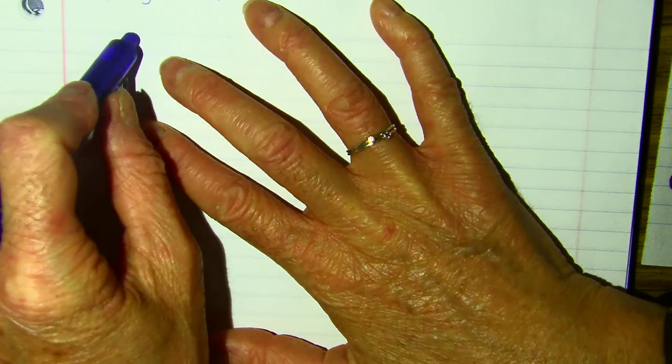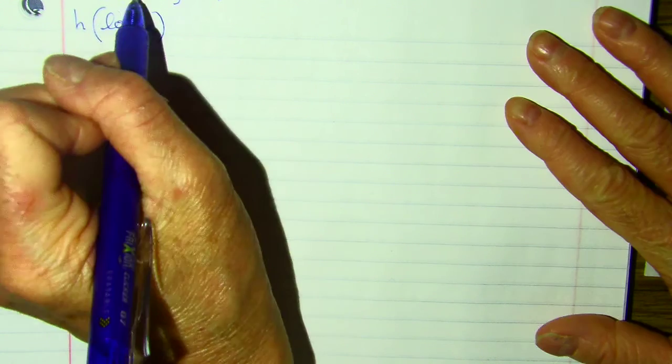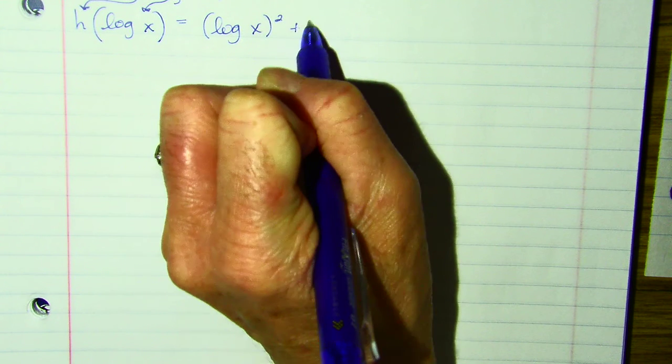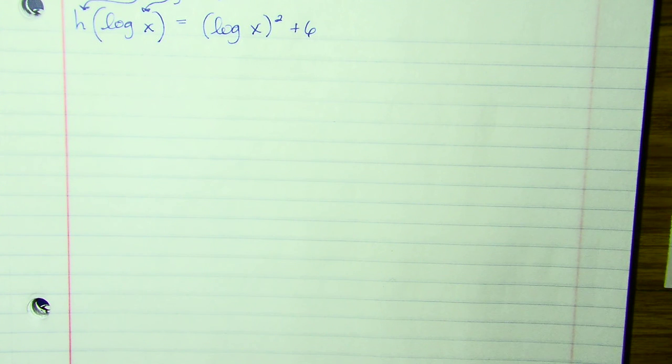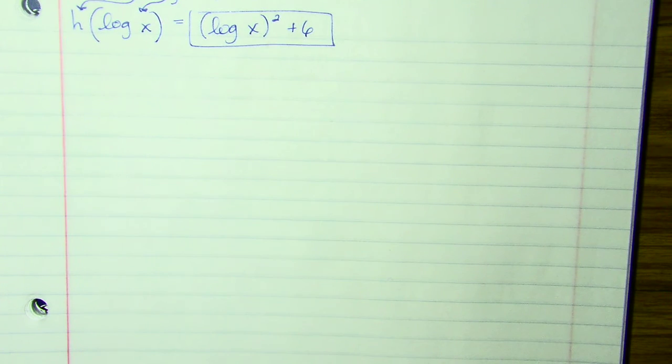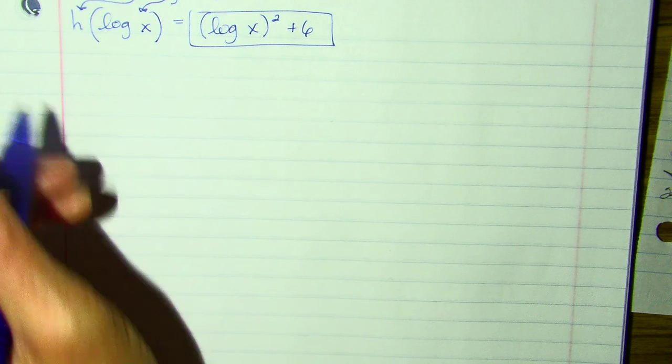This should be h and g. So h of the log of x, right, because I'm plugging in g. So if I plug in the log of x, squared plus 6. All right, so that one looks pretty crazy. And that is your answer. So, boom, that's it.